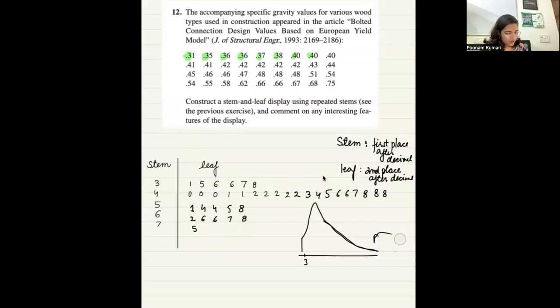All right. So there is another method which is similar to this, called a dot plot. So what is a dot plot? It is also a method to pictorially draw your data when the number of data points that you have is small, or when you have relatively few distinct values.